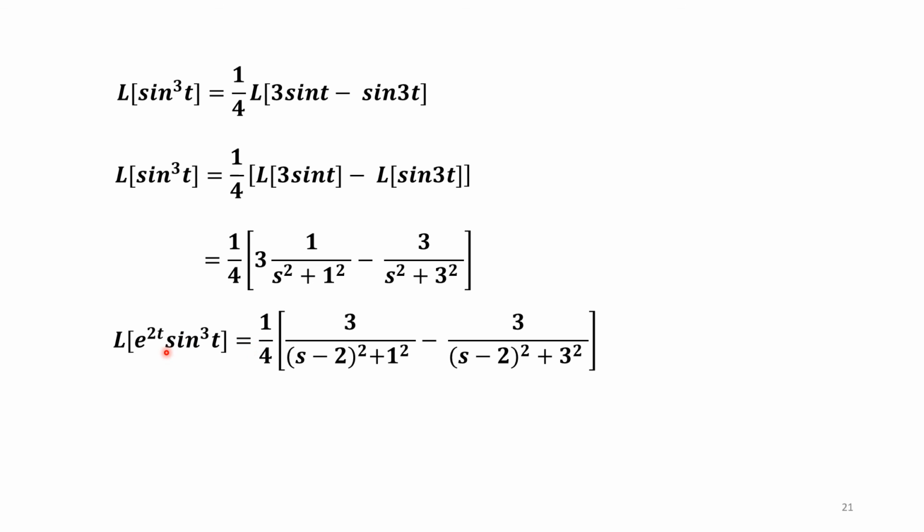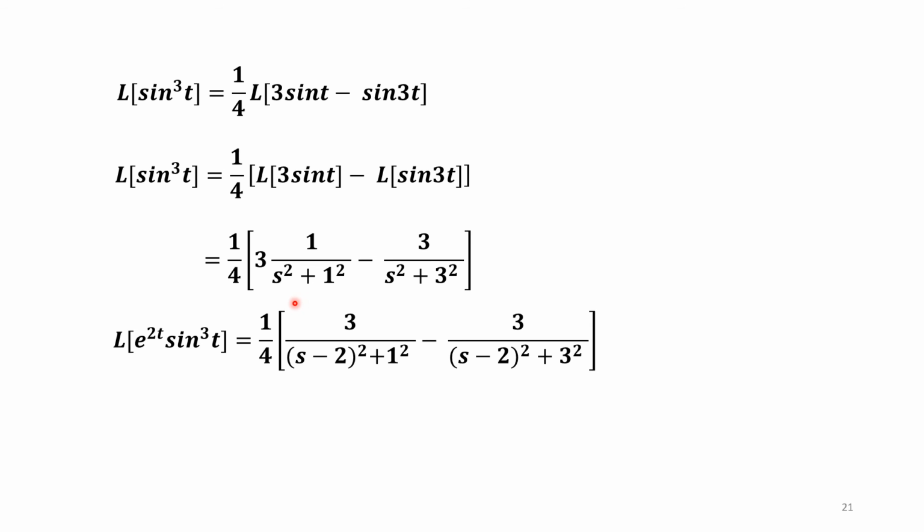And then we have to calculate the numerator part, e raised to 2t into sine cube t, which means that whatever answer we have got, in that s is replaced by s minus 2. So in this answer, whatever we have got for L of sine cube t, we have to replace s by s minus 2 using the first shifting theorem.